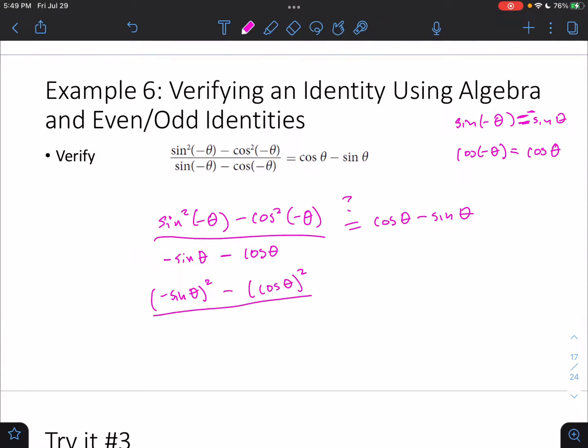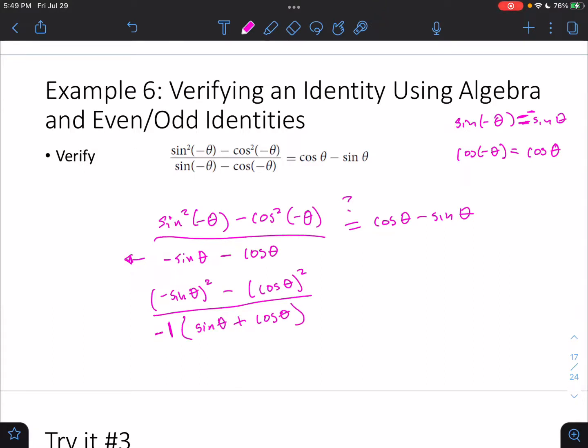And do these equal? In the denominator, I'm going to do something interesting, which you should become familiar with. They both have a negative here and here, so I'm going to factor out a -1. So -1. And then I just divide negative sine theta by -1 is positive sine theta. Negative cosine of theta divided by -1 is positive cosine theta.